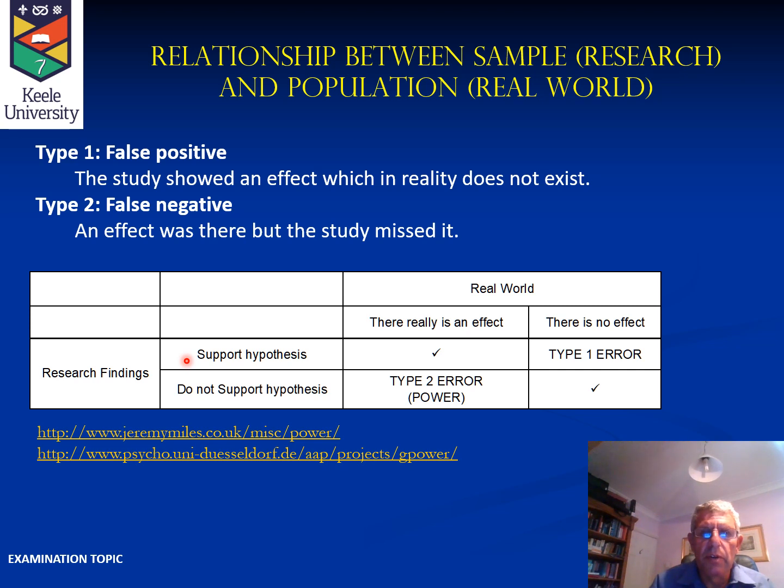However, if in the real world the drug is not effective, we would be making a type 1 error. If, on the other hand, we've done our research study and our results don't support the hypothesis, but actually there is an effect in the real world, that would be an example of a type 2 error.